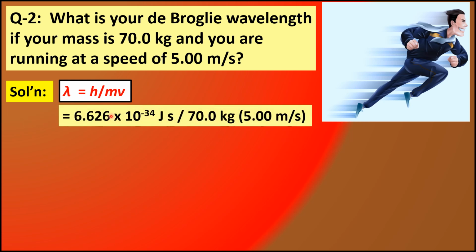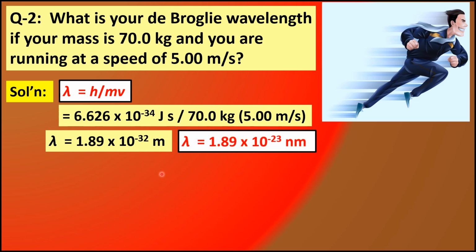That is 6.626 times 10 to the negative 34 joules second divided by the product of your mass 70.0 kilogram and your speed 5.00 meter per second. Doing our math, we will get your de Broglie wavelength equal to 1.89 times 10 to the negative 32 meters, or when converted to nanometers, 1.89 times 10 to the negative 23 nanometers.